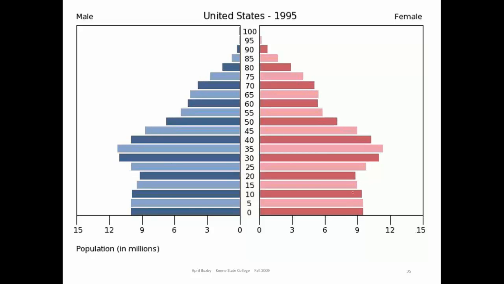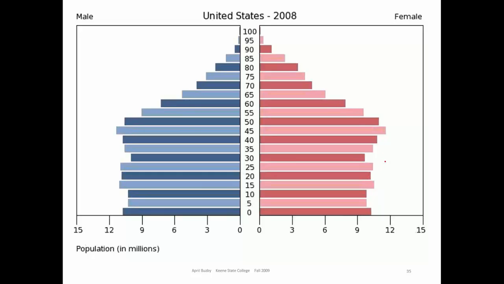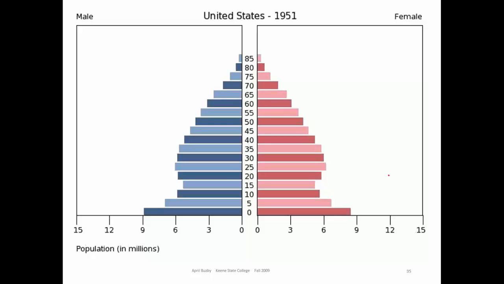So this is the battle of the United States as a policy to stabilize its population. This is a moving example of the United States trying to get this stable columnar shape. You can see it.